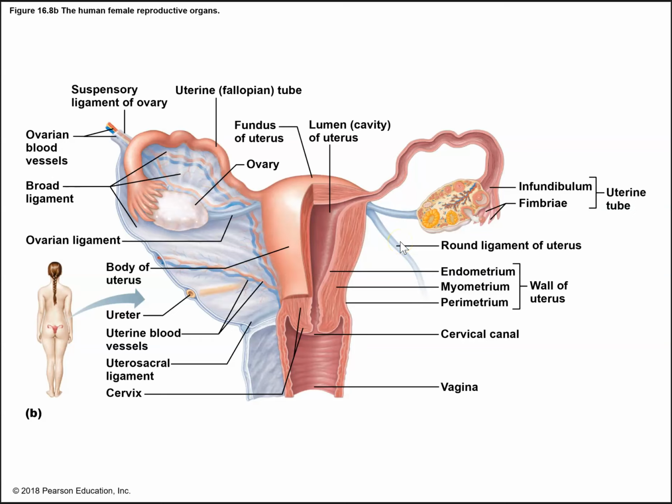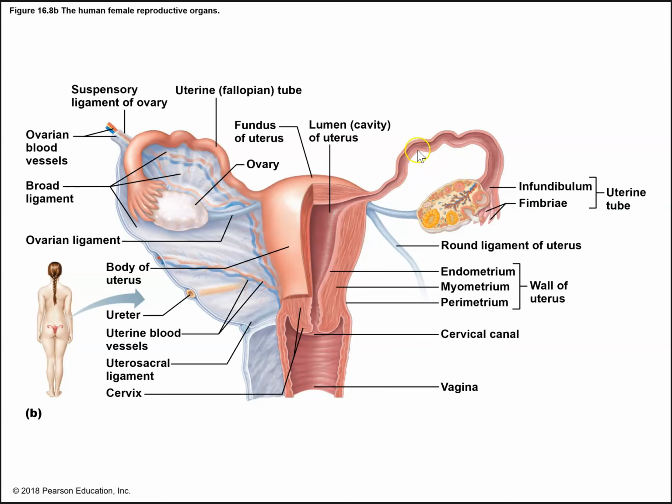Now the main role of the fimbriae is to sweep the oocytes into the tube. The oocytes are the mature secondary oocytes, basically the eggs, and they contain something called cilia that help in movement along the fallopian tube.